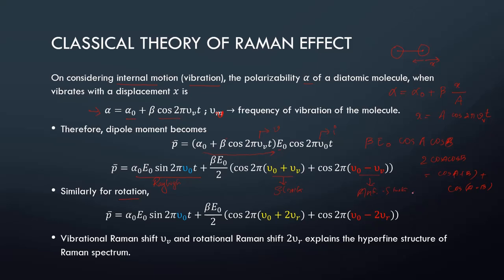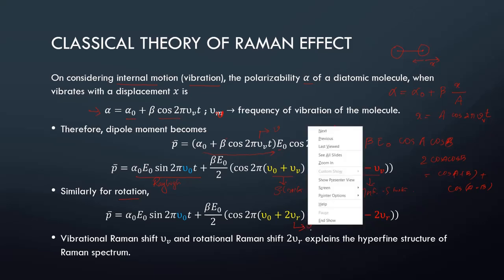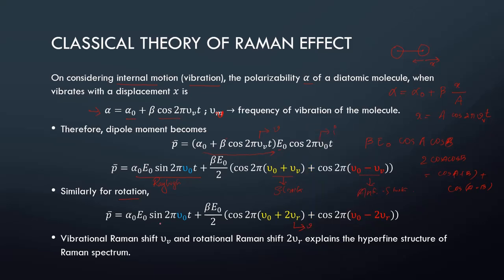So using the classical theory, we have successfully explained how the Rayleigh lines, the Stokes lines and the anti-Stokes lines occur in the Raman spectra. Similarly, considering rotation, when the molecule is rotating with a frequency nu r, it also gives a similar result.